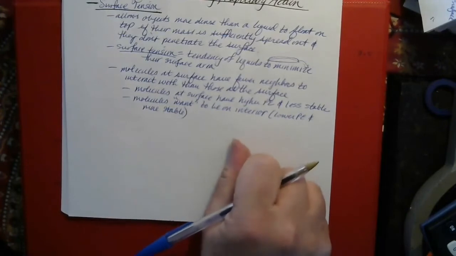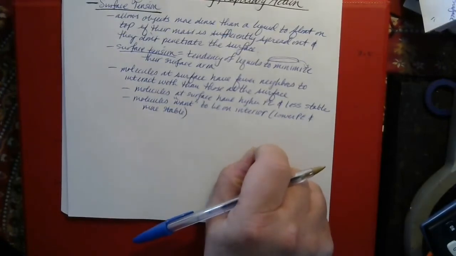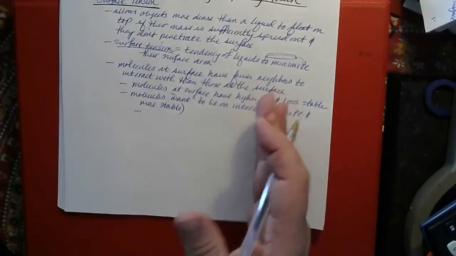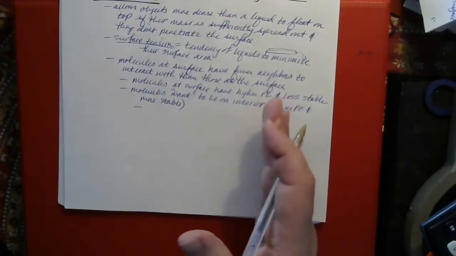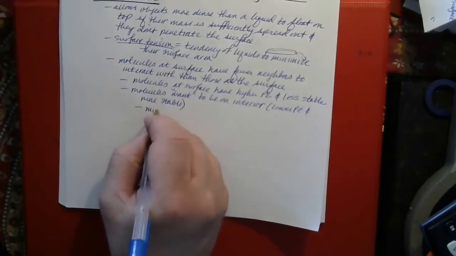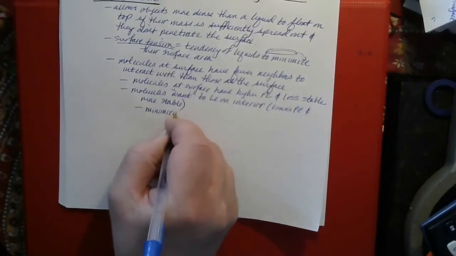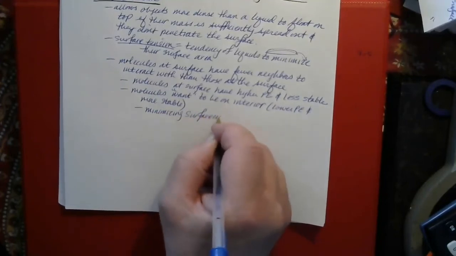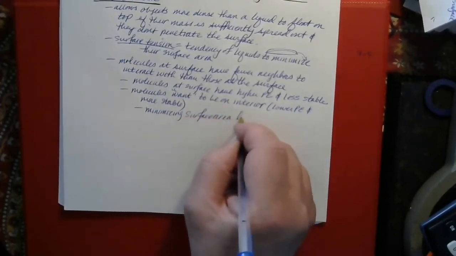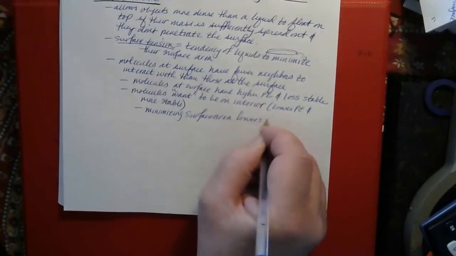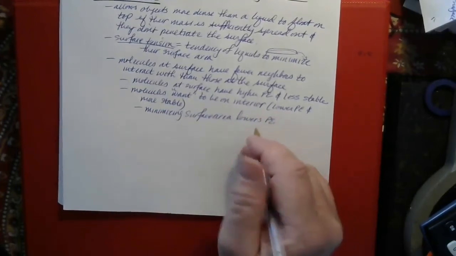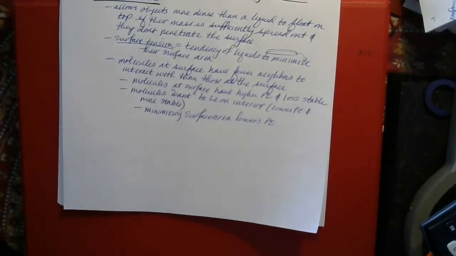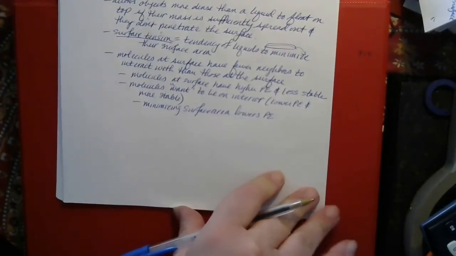Okay, it's because they'll be more stable down in the interior. And so what they do is they minimize the surface area because that lowers the potential energy. Because it essentially minimizes the number of atoms or molecules at the surface, which are the ones with the high potential energy.